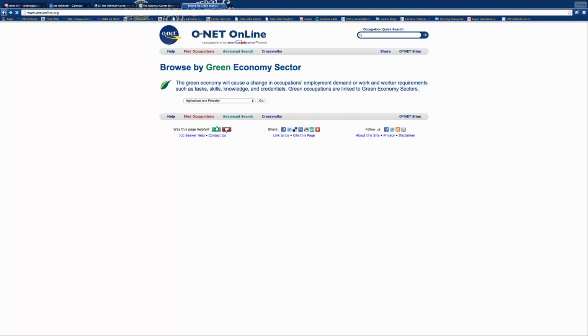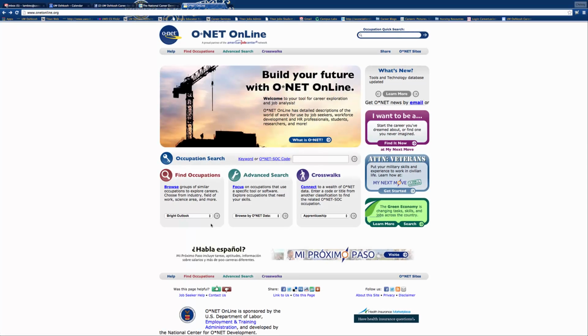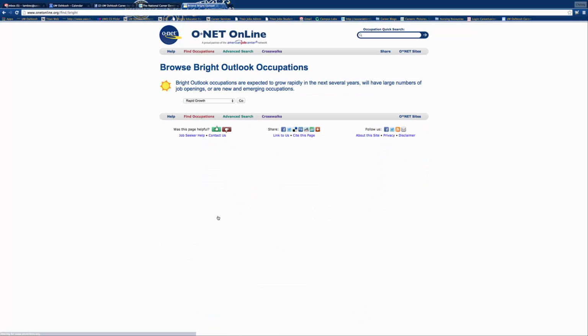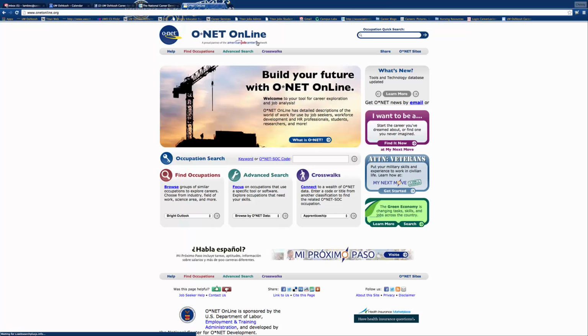You might have seen on some of the other sites, they were listed by Bright Outlook, so let's take a look at that. So any jobs you're going to see that have a bright outlook are going to have the sun next to them. So there are a few little icons that might be helpful as you're working with a student to know what those are and how those indicate either green jobs or hot jobs within those occupations. Let's see, I think those are the big things that go along with this particular site.